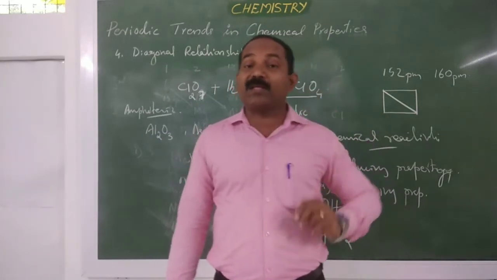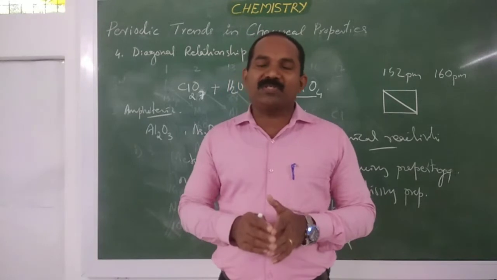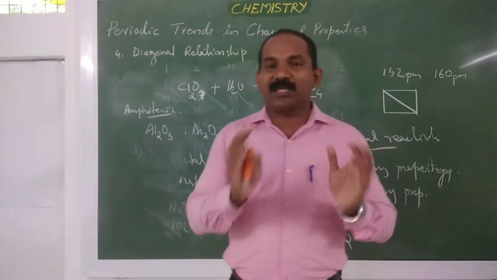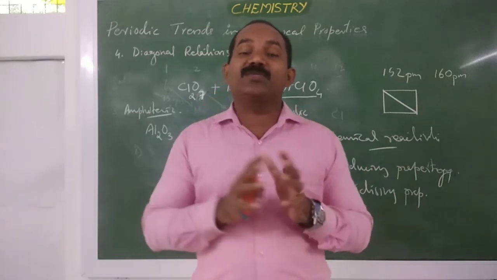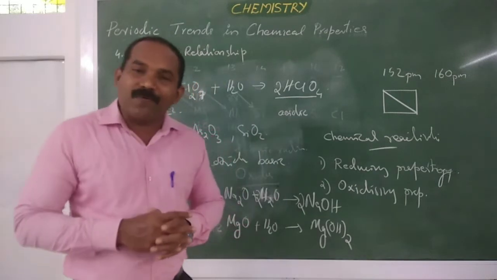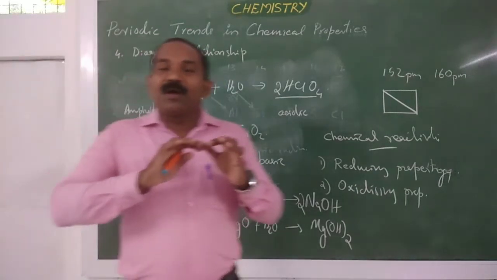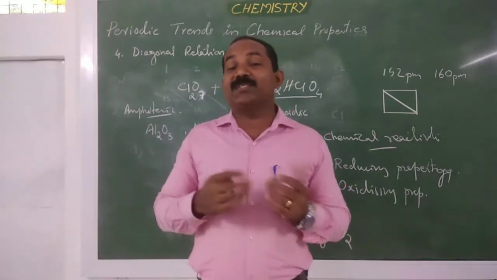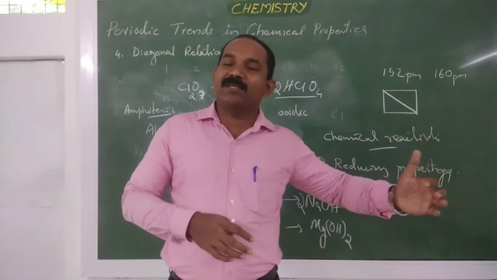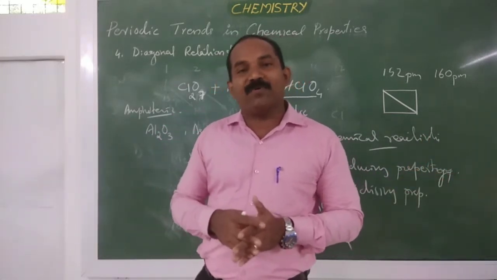What is amphoteric character? A compound which has acidic property as well as basic property is called amphoteric. Aluminium oxide reacts with HCl as well as NaOH, so an oxide with acidic as well as basic character is called an amphoteric oxide.